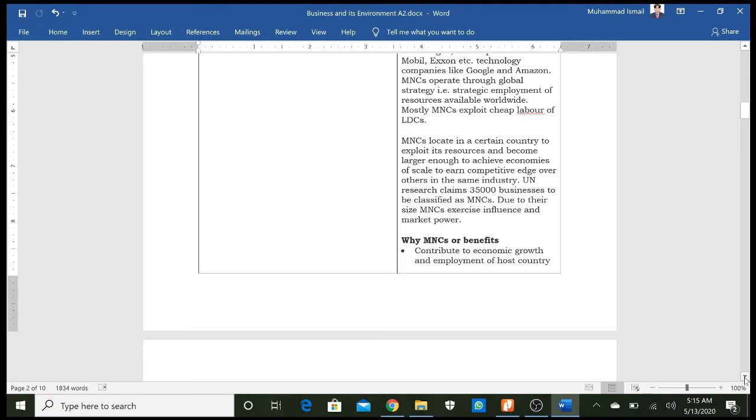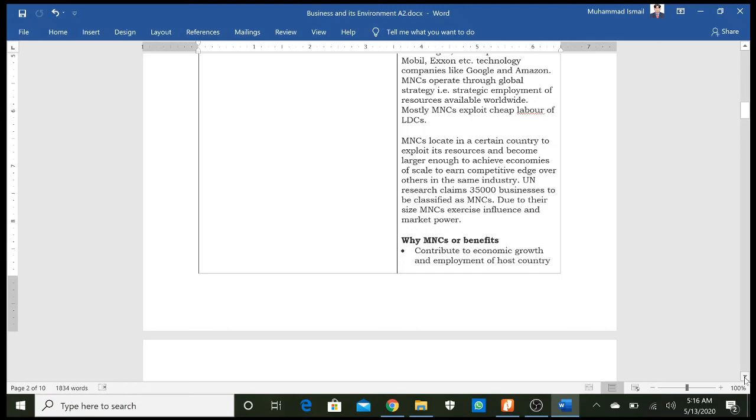According to United Nations research, 35,000 businesses are classified as multinational companies. And due to their size, MNCs exercise influence and market power.